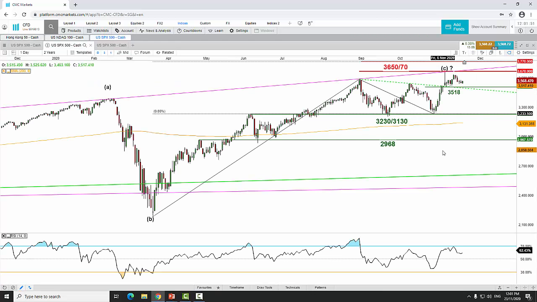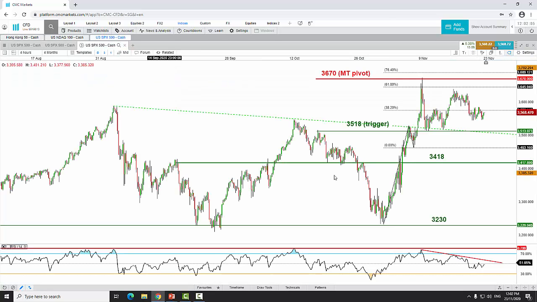On the daily chart over here, the SPX just started to do a kind of sideways configuration, holding below this 3650/70 level. On our chart, the 4-hour RSI is being kept by a descending resistance.